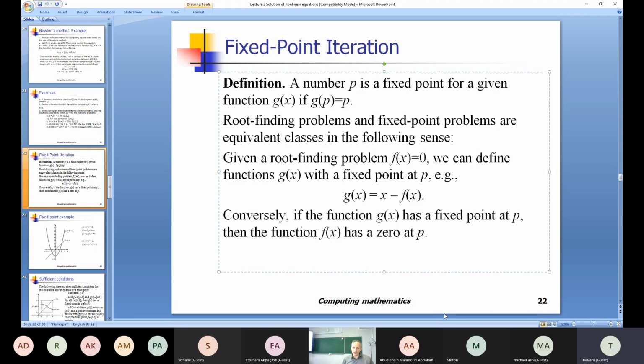And if the function g of x has a fixed point at some point p, then the function f of x has a root, has a 0 at p.